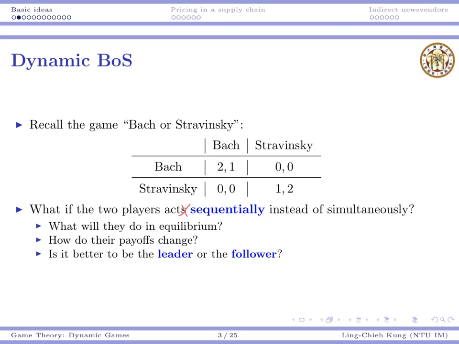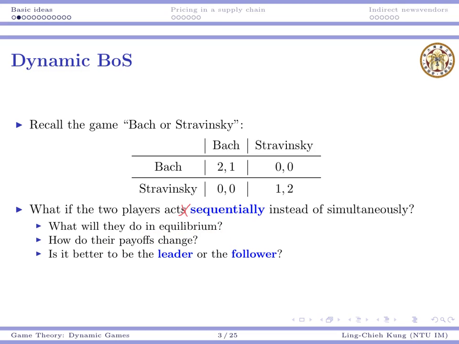There will be a leader, and then there will be a follower. The leader makes the decision first, and then the follower makes the decision. What will they do in equilibrium? And will the outcome become different? And what's the impact of the way they play the game?